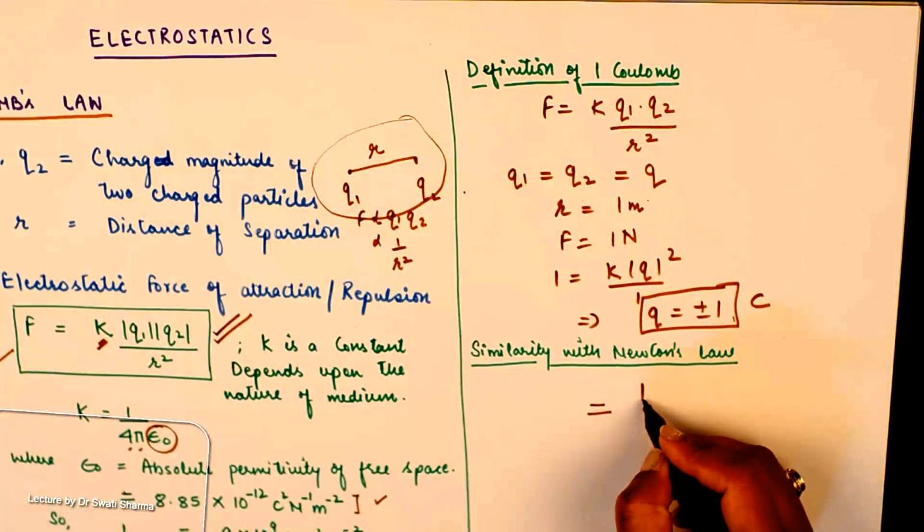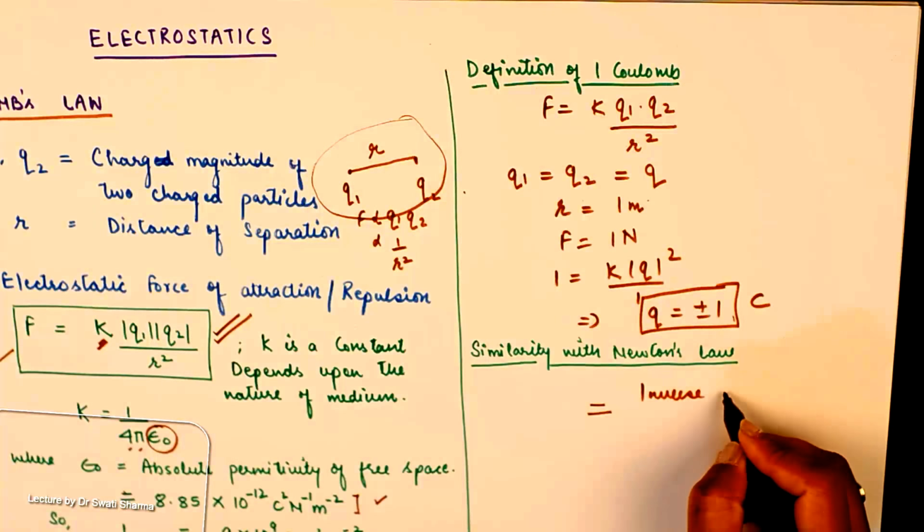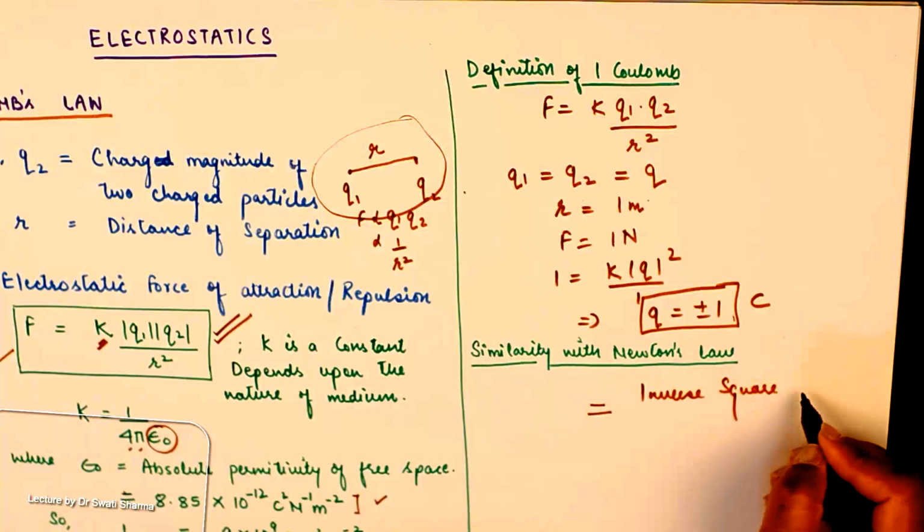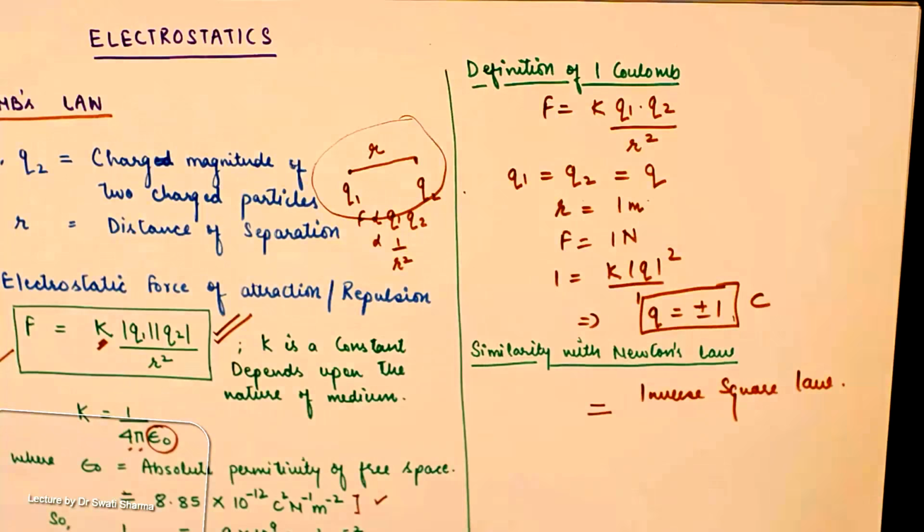So the inverse square law is the only point of similarity, whereas the two forces are different in nature, as electrostatic forces can be either a force of attraction or a force of repulsion, whereas the gravitational force is always attractive in nature, owing to the fact that charges are of two different types, whereas mass is of one type only.